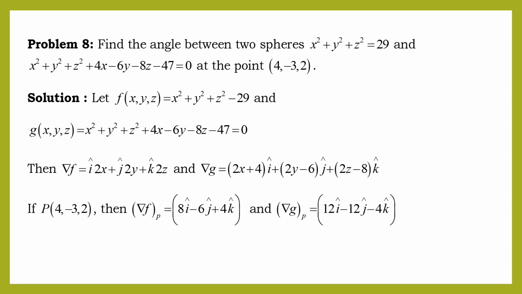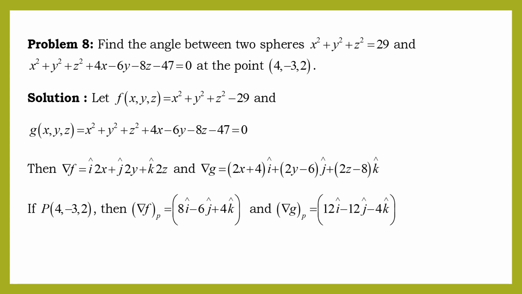Let us take our next problem, problem 8. In this problem, two surfaces are given and a single point is given. We have to find out the angle between these two surfaces at the given point. In our previous problem, only one surface was given, but two different points were given.